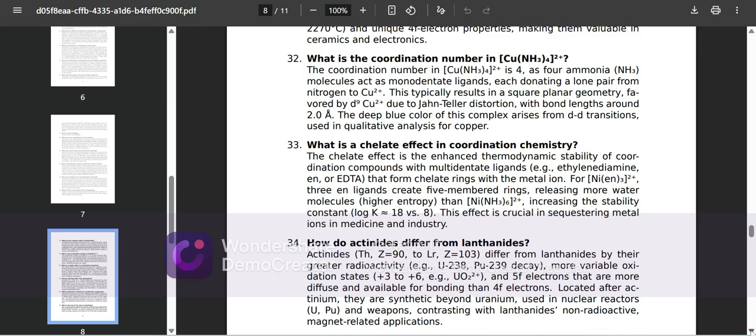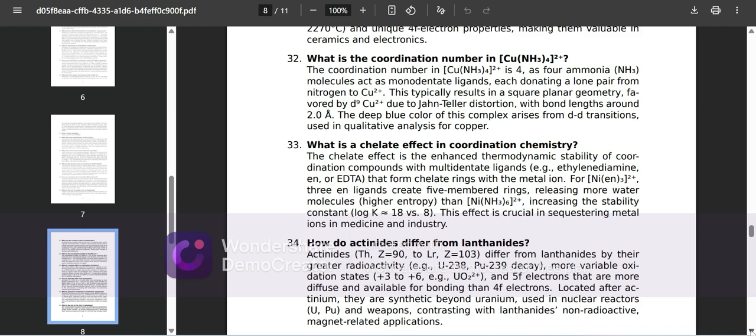What is the coordination number in Cu(NH3)4 2+? The coordination number in Cu(NH3)4 2+ is 4. Ammonia NH3 molecules act as monodentate ligands, donating a lone pair from nitrogen to Cu2+.